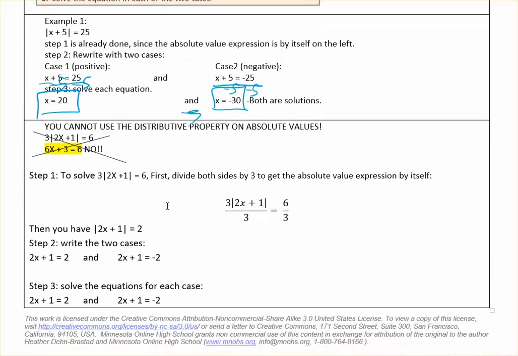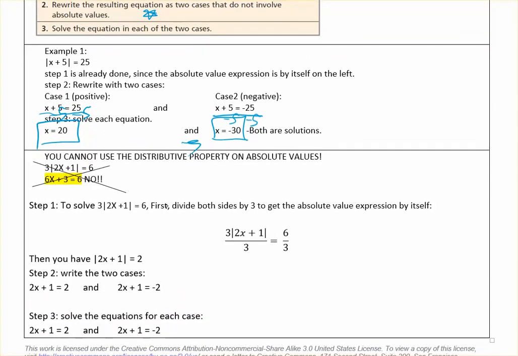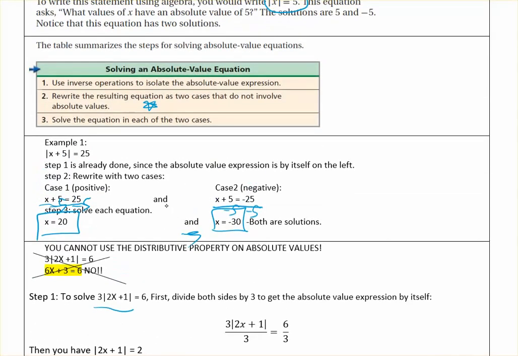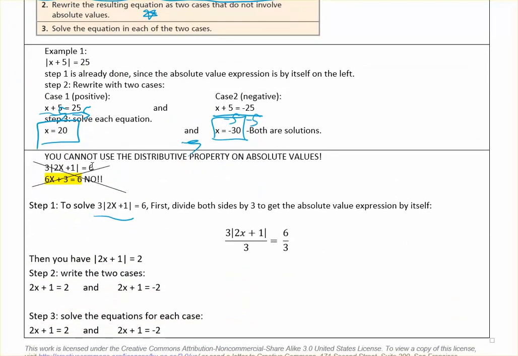So when you are simplifying absolute value, like if you have 3 times the absolute value of 2x plus 1, the first step is to use inverse operations to isolate the absolute value expression. You would not multiply 3 through the absolute value. Can't do that.